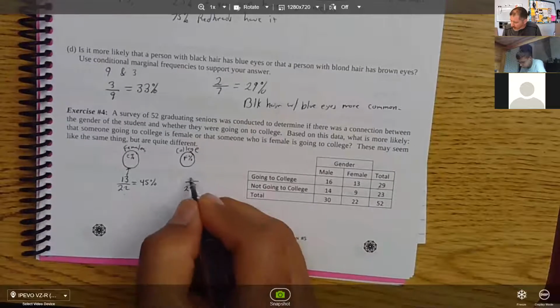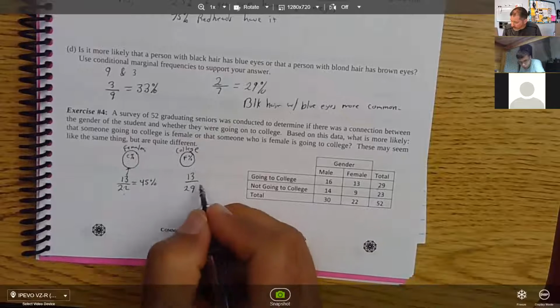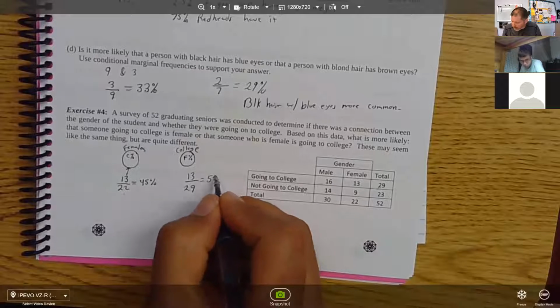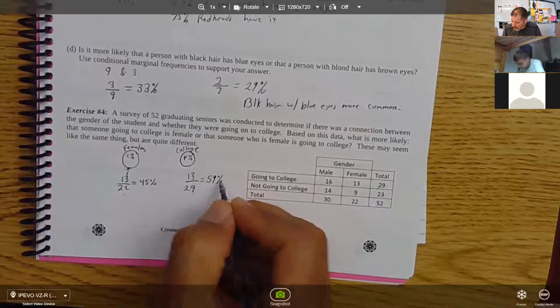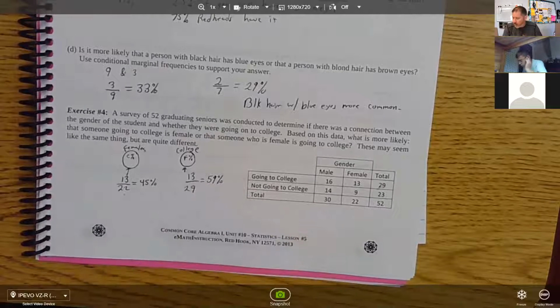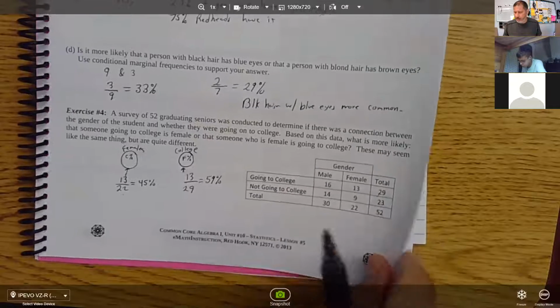And of those, 13 are females. And that's 59%. So 59% of people going to college are females. Isn't that interesting? I think that's really interesting.